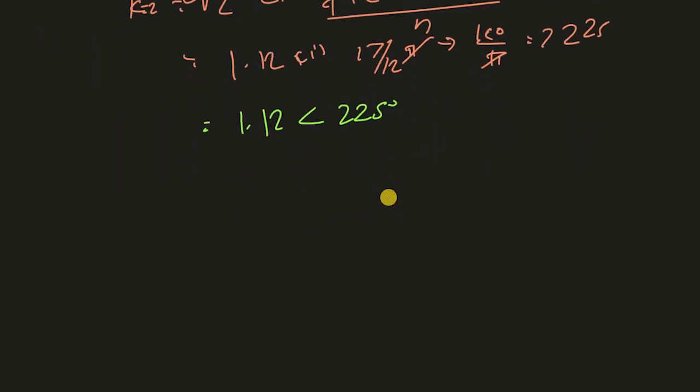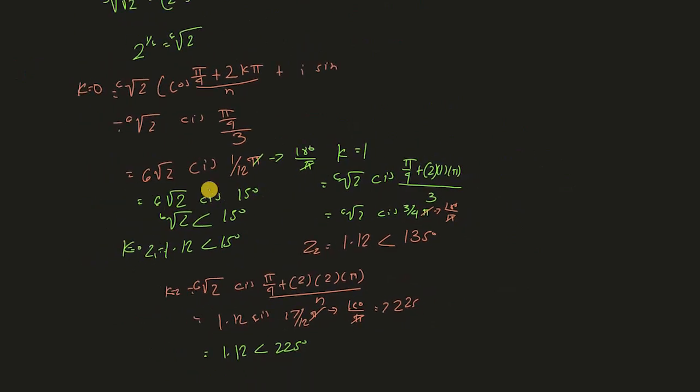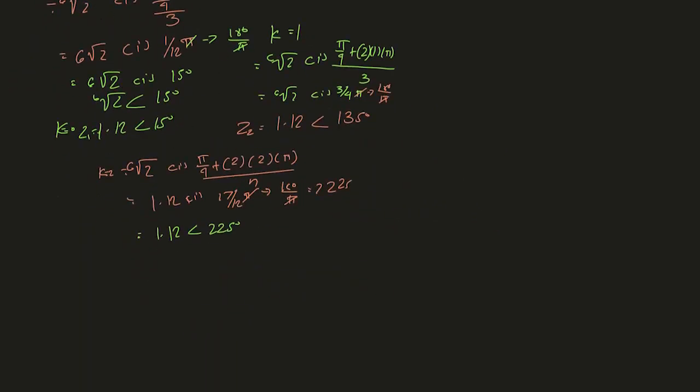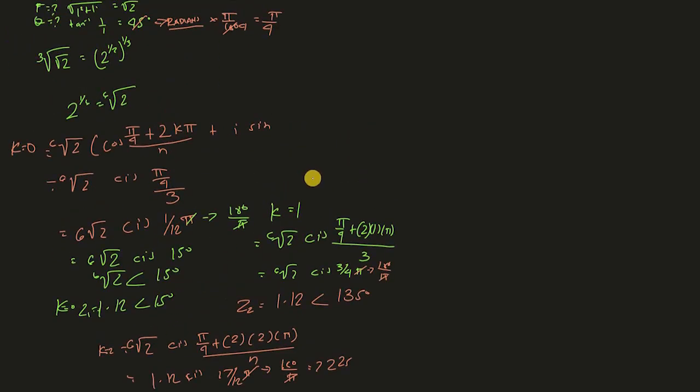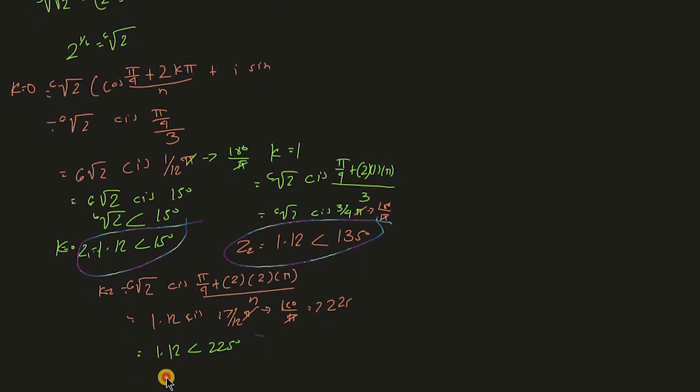Okay. So how will we write our final answer? So to write our final answer, dito guys, this is z sub 1, this is z sub 2, and this is z sub 3. So for what are the three roots?